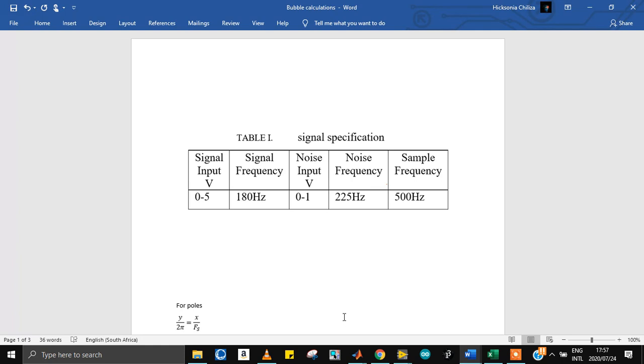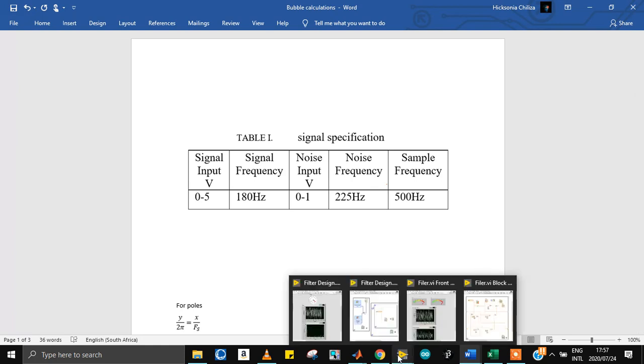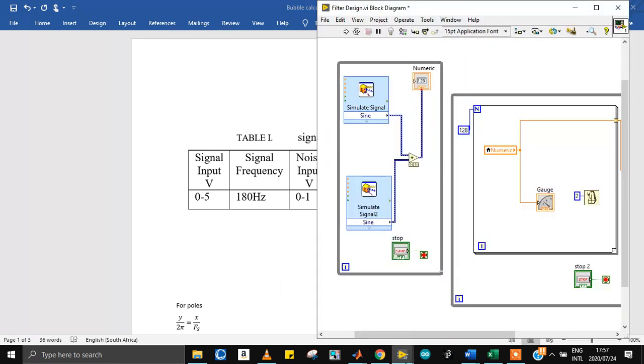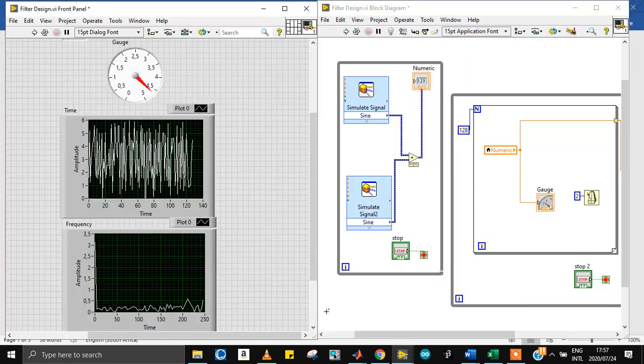So these will be the signal specifications that will be put in MATLAB, in LabVIEW, so that we'll be able to generate our signals. So I'm going to open LabVIEW.